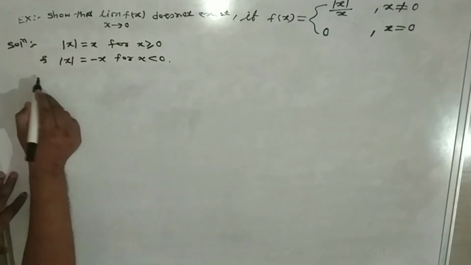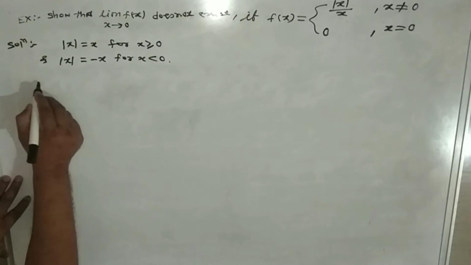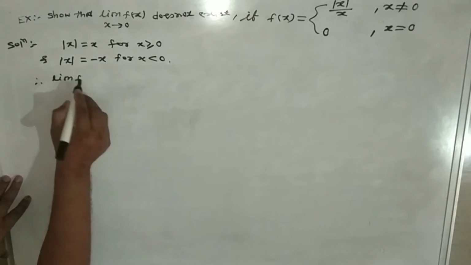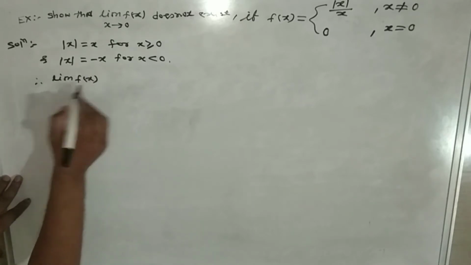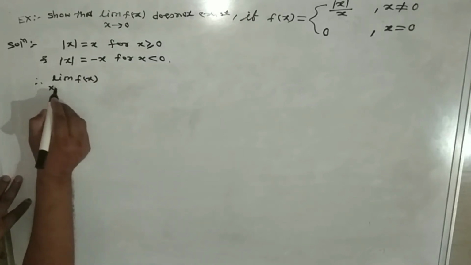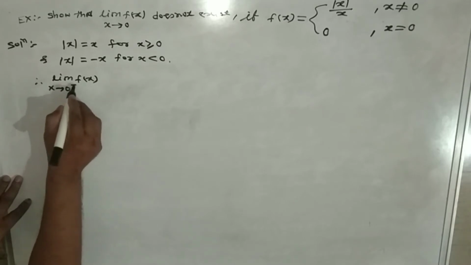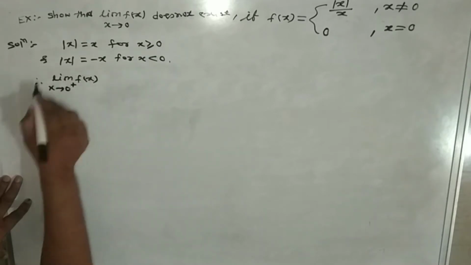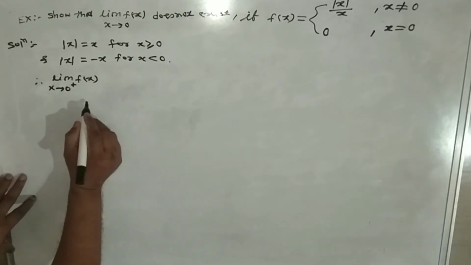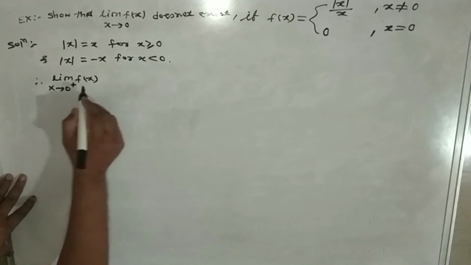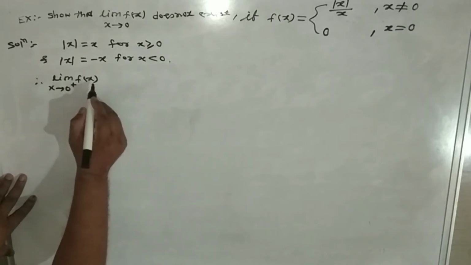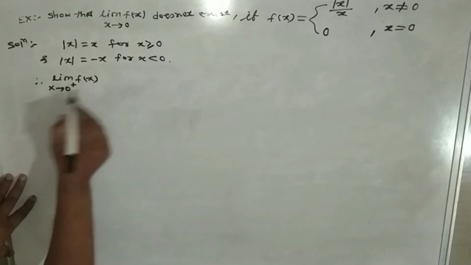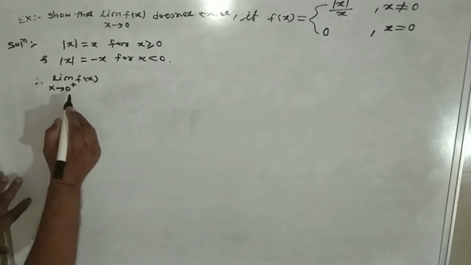Therefore the right hand limit of a function f of x as x tends to 0 plus. This is the right hand limit of f of x as x tends to 0 plus.